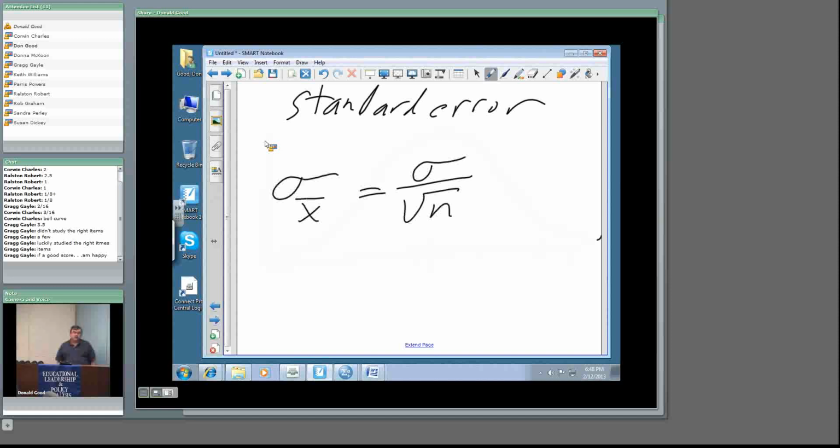So error is based on two things. Standard deviation, spread-outedness, and sample size. Now, look at the formula, how does sample size affect error? If n increases, what does that do to the error after we do the calculation on our slide rule with this little formula?